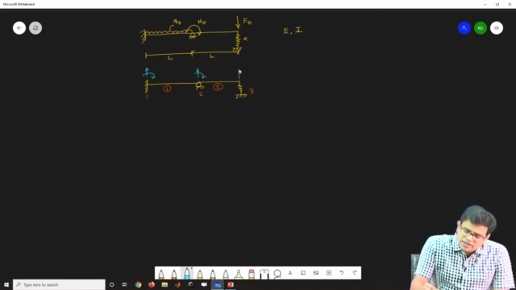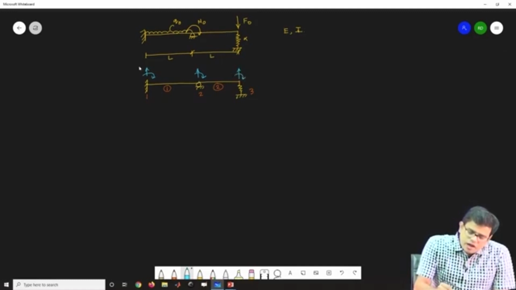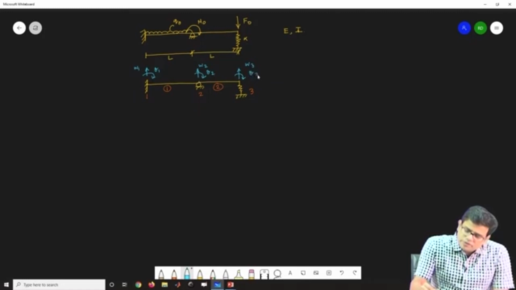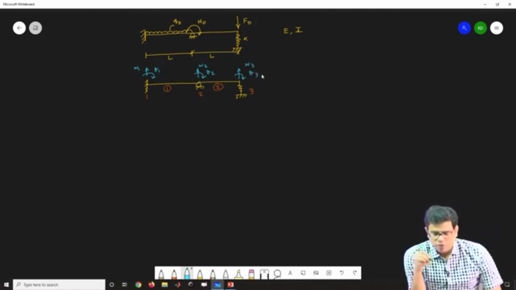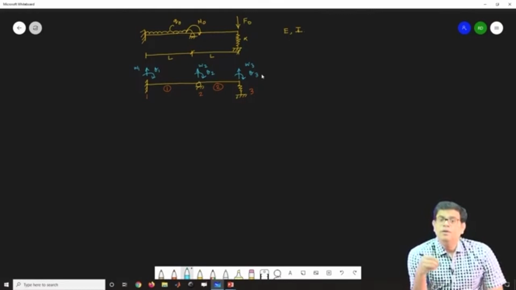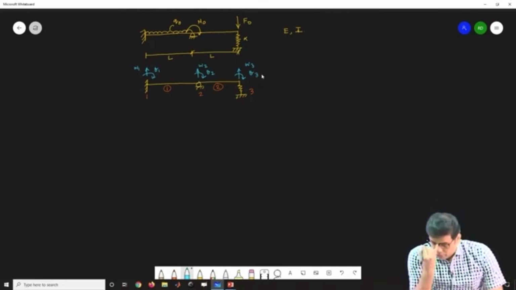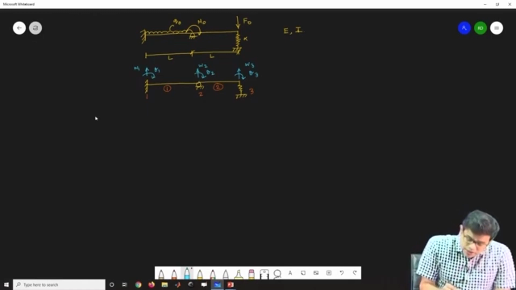If I denote them as W1, theta 1, W2, theta 2, and W3, theta 3, then the first job is to compute the elemental stiffness matrix, which we know from our previous class.